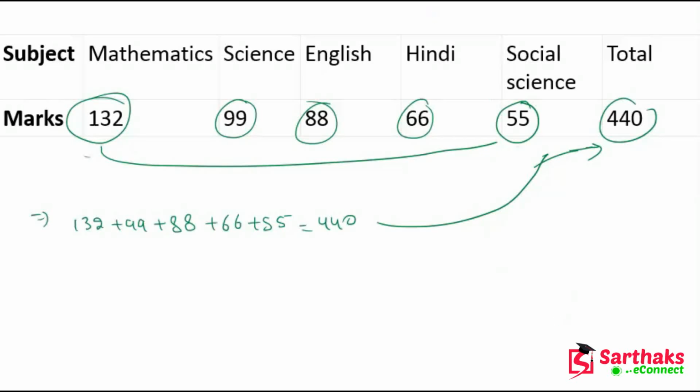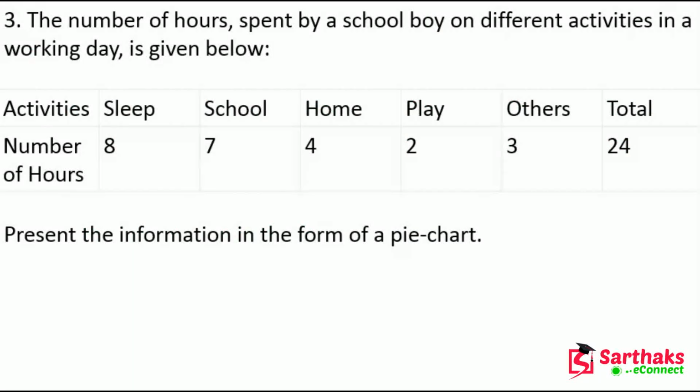Okay. Yes, now you can see that the next question is: the number of hours spent by a schoolboy on different activities in a working day is given as follows. Here we have activities like sleep, school, home, play, others. And the number of hours here is 8, 7, 4, 2, 3.